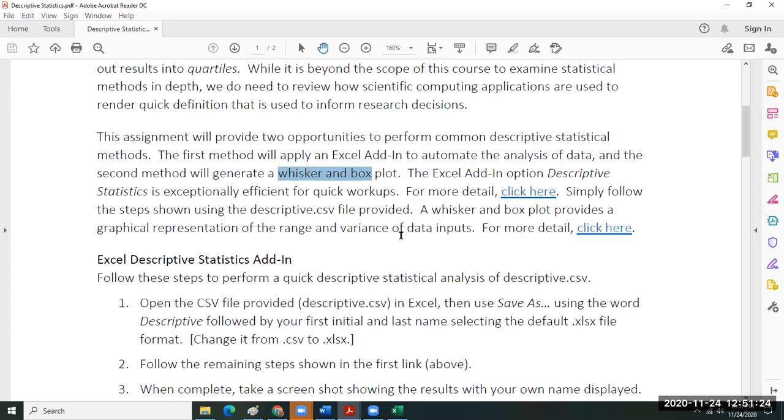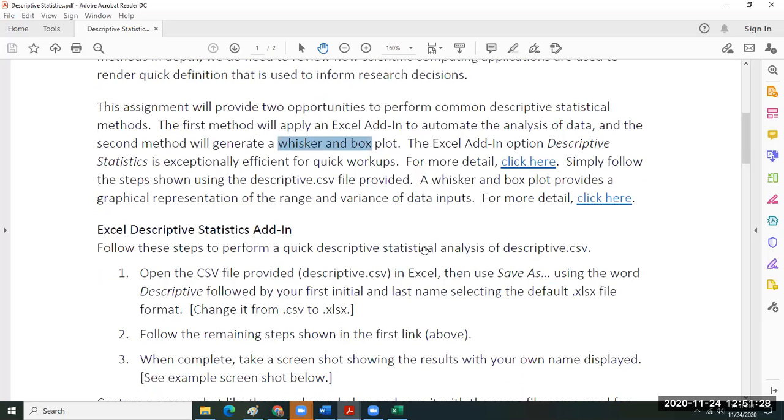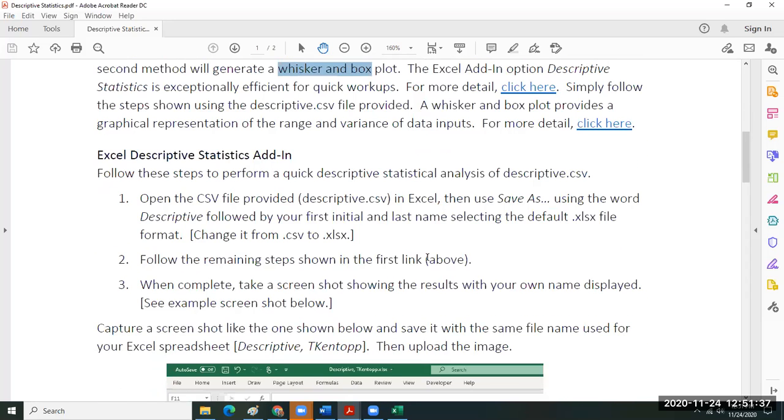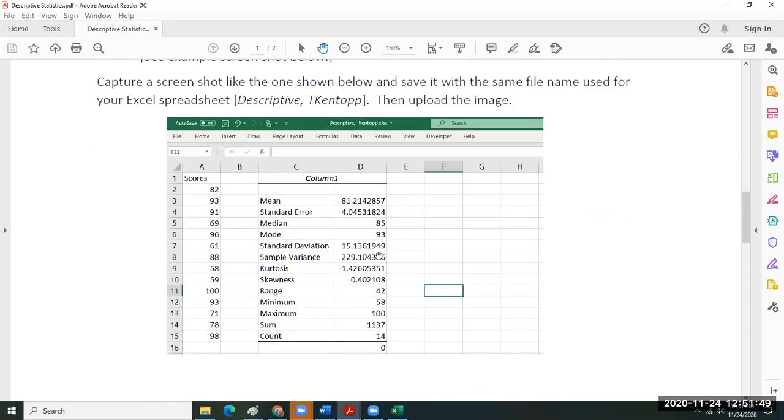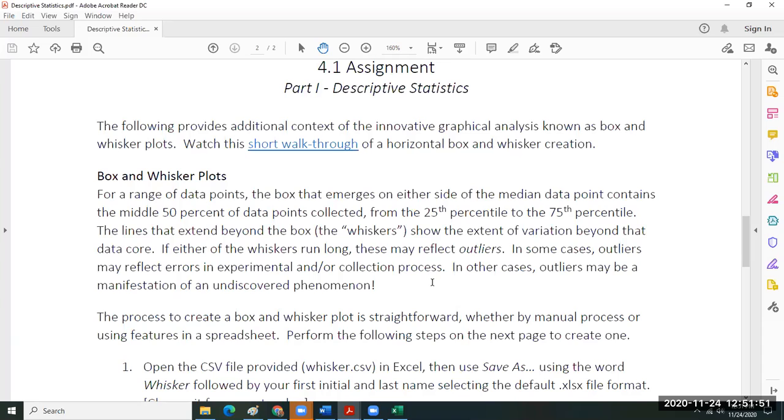It's not inferential, but it helps you see visually what you're getting from the descriptive statistics result. So you're going to click on this to read up a little bit about it, and then you follow along here. And for the box and whisker, there's going to be a walkthrough.